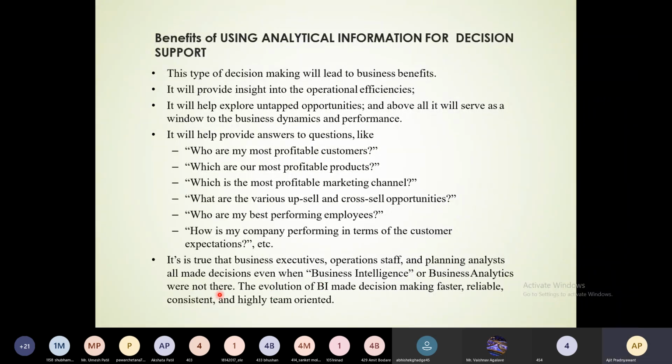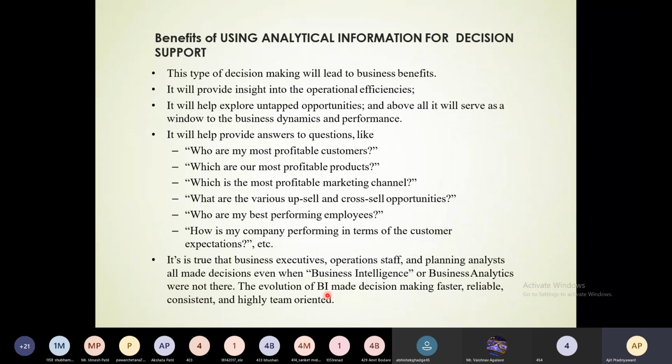The evolution made decision makers faster, reliable, consistent, and highly team oriented. This is the most important benefit of the evolution of business intelligence.